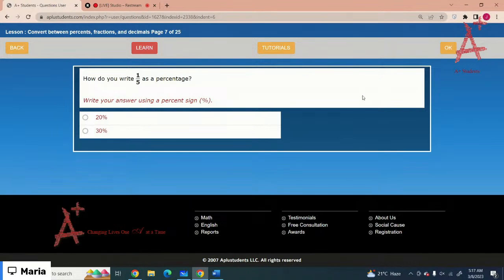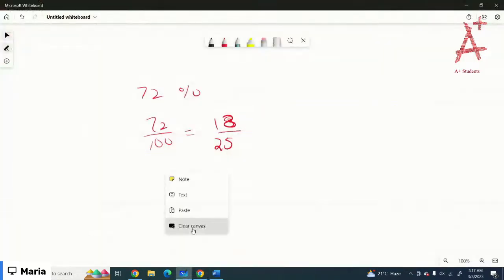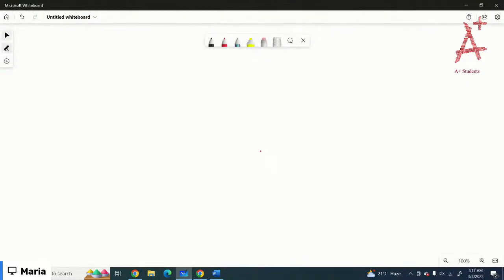Got it? 100 times 1 is 100 and 5 times 20 is 100. It would be 20. Yes, it is 20%.